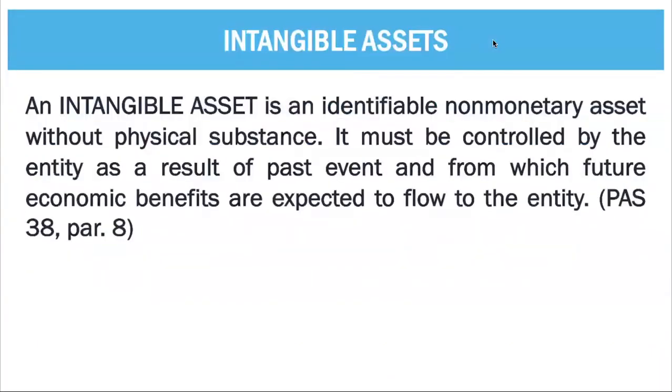An intangible asset is an identifiable non-monetary asset without physical substance. It must be controlled by the entity as a result of a past event from which future economic benefits are expected to flow to the entity. That is under PAS 38, paragraph 8. What is important here, as we said before, is that what differentiates PAS 16 from PAS 38 is that PAS 16 is considered tangible, meaning there is a physical substance, while in PAS 38, there is no physical substance.